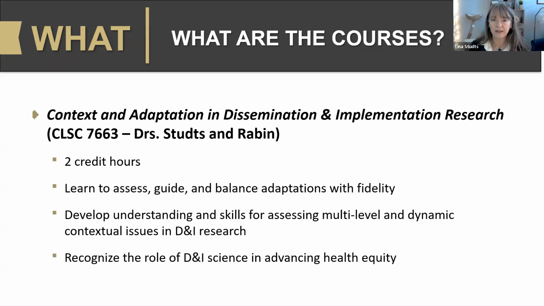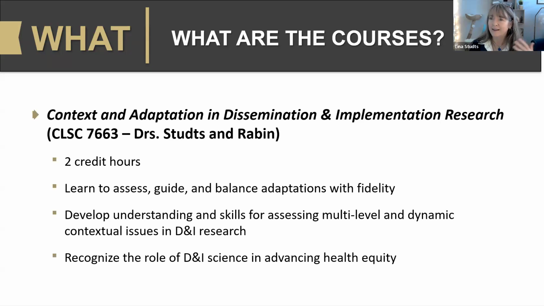This class, Context and Adaptation in D&I Research, Borshika and I developed together and co-teach together. This one is an elective. It's a 2-credit-hour class taught in the spring. If you are a traditional efficacy or effectiveness researcher, the concept of adapting and not necessarily abiding by strict fidelity guidelines is horrifying.